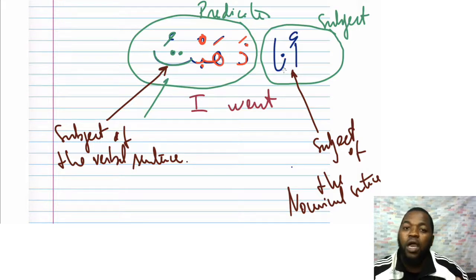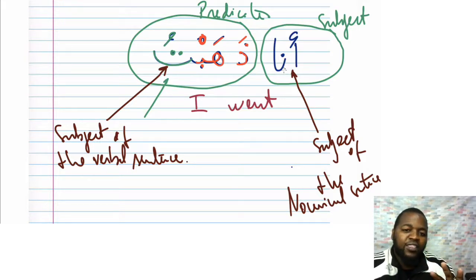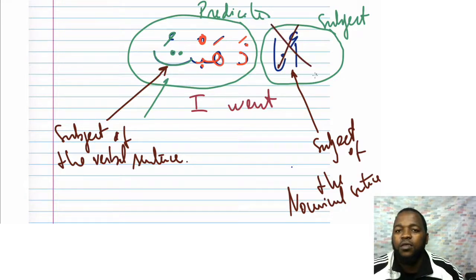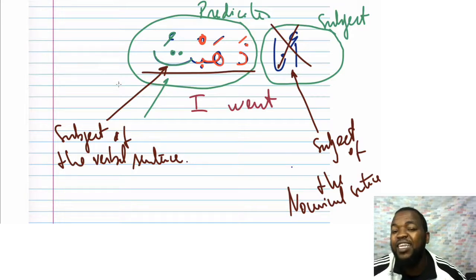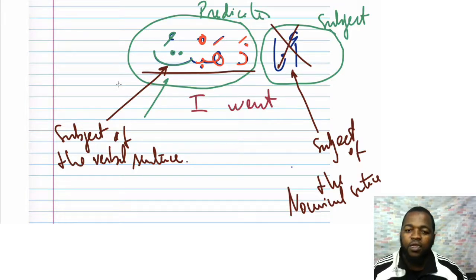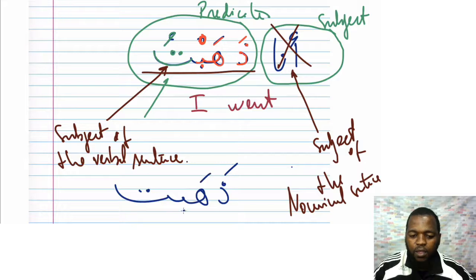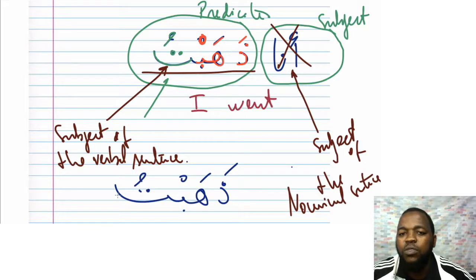All right. So with this, I'm telling you that we don't need this. We just need this, the verbal sentence. The verb with tu is enough. Now another way. What if I just wrote, for example, the verb with tu?